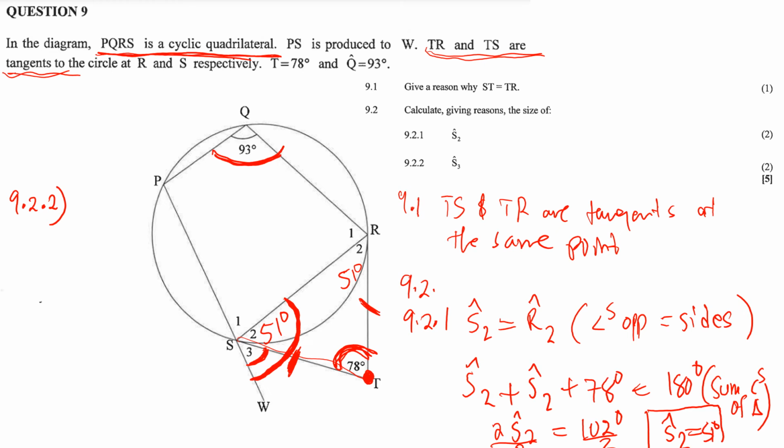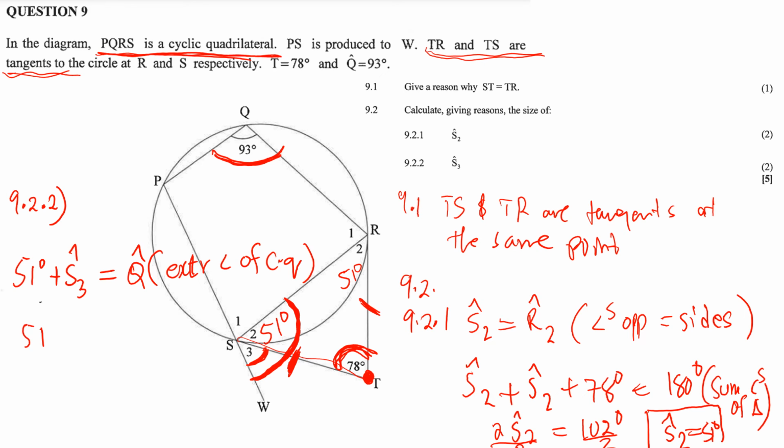Meaning that we can say S2, which is 51 degrees, plus angle S3 is going to be equal to angle Q, by exterior angle of cyclic quad. That's our reason. We can go and solve for angle S3.